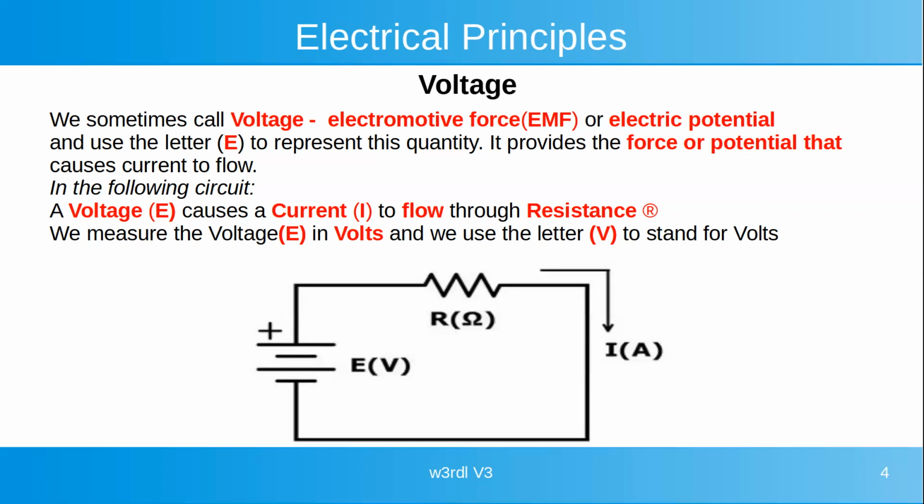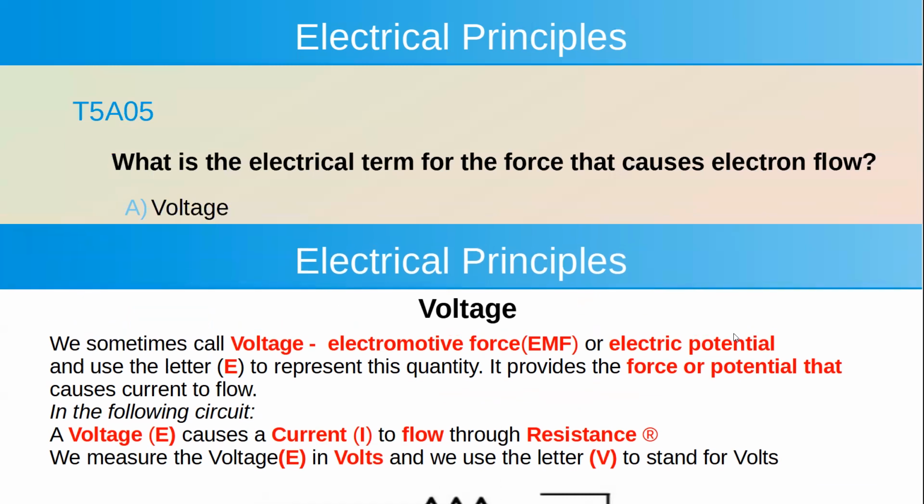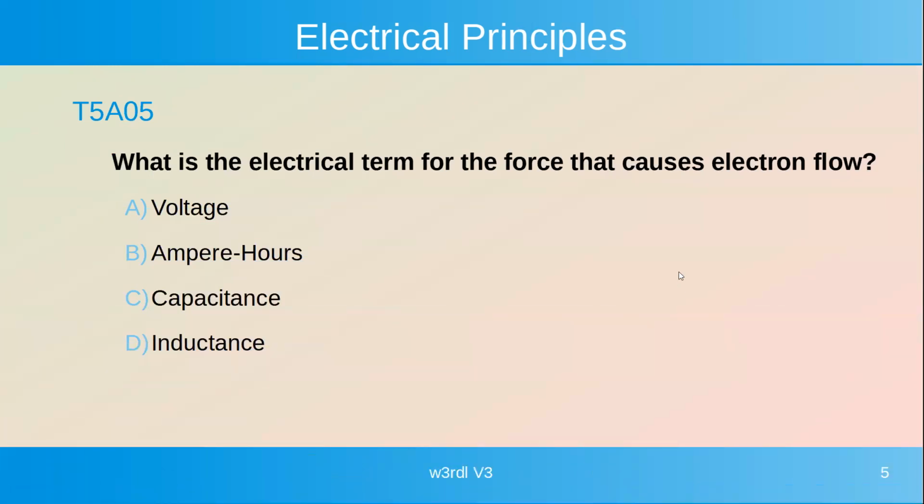The higher the voltage for a given resistance, the higher the current. We'll talk about that when we do Ohm's law after we get through current. So your first question: what is the electrical term for the force that causes electron flow? Voltage.